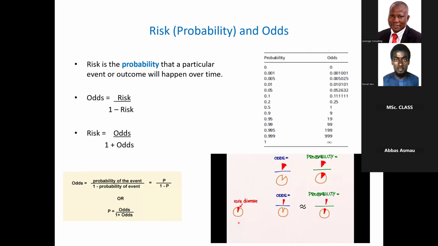So when the odds is 0, risk is 0. Though here we are not talking of ratio but of risk and odds, just for you to verify, if you look at the values of probability, rather risk, and compare with odds, you see a wide range of values.